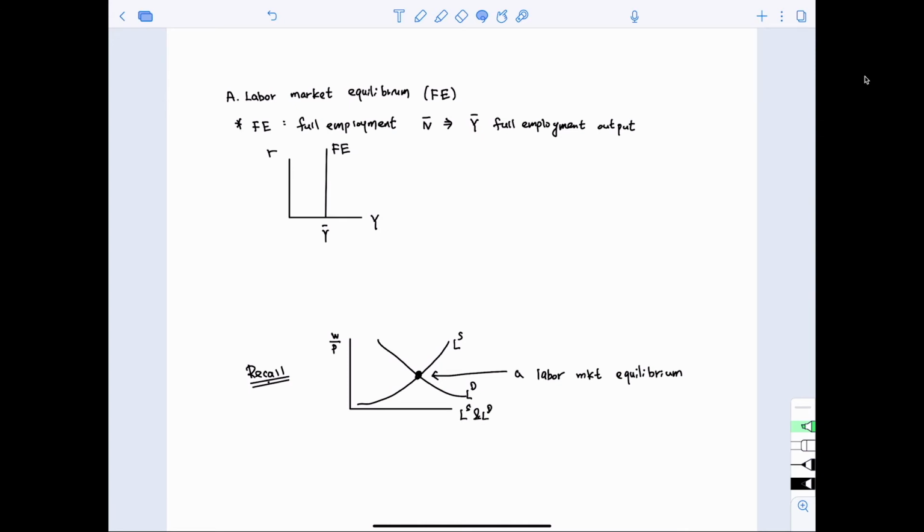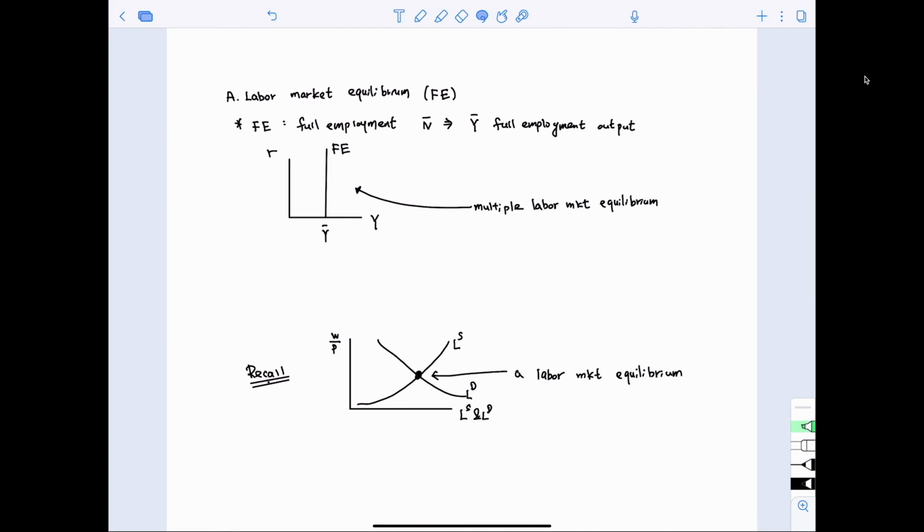So what we can get from here is that on top of the full employment line, each point represents a labor market equilibrium. Therefore, there are multiple labor market equilibria in this graph. There is not only one labor market equilibrium. In contrast, under the classical view, when we draw the labor market equilibrium diagram, there is only one labor market equilibrium in the graph because it is the crossing point of the labor supply curve and the labor demand curve.